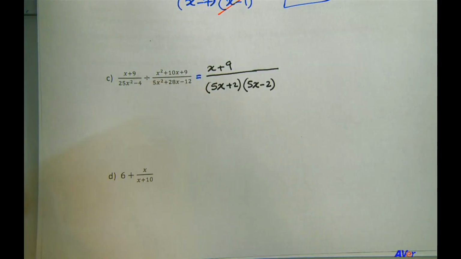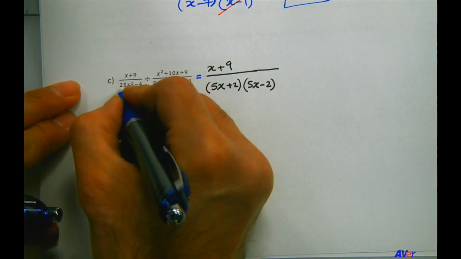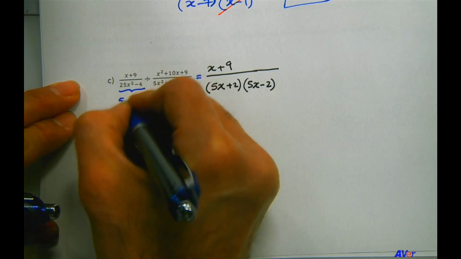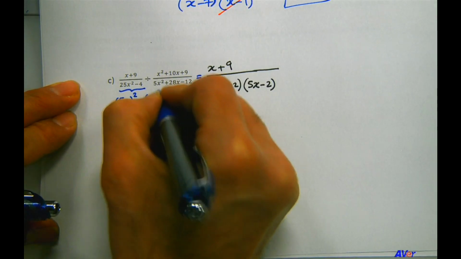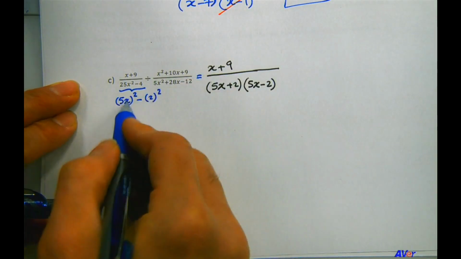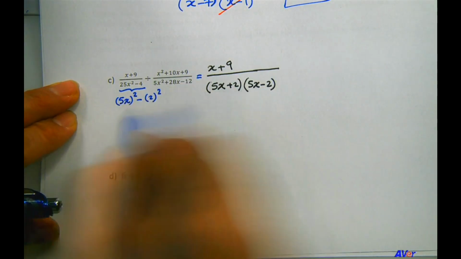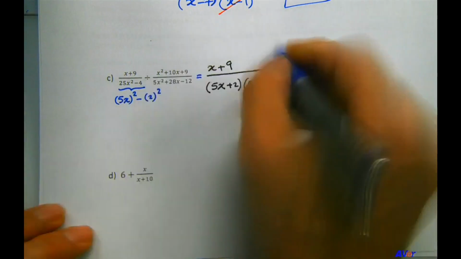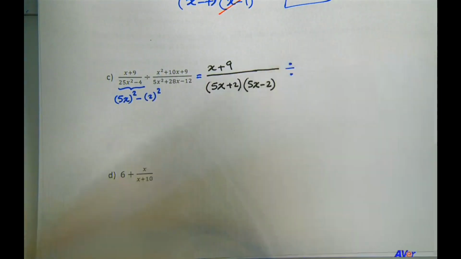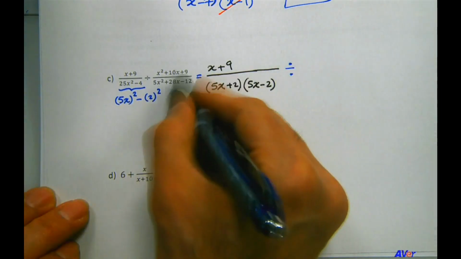And here we have 5x squared minus 2 squared. So that's why you have that. Okay, (5x plus 2) times (5x minus 2). Then divided by, let's factor the numerator and the denominator of the second fraction.